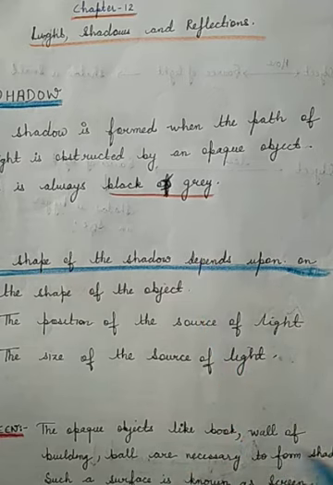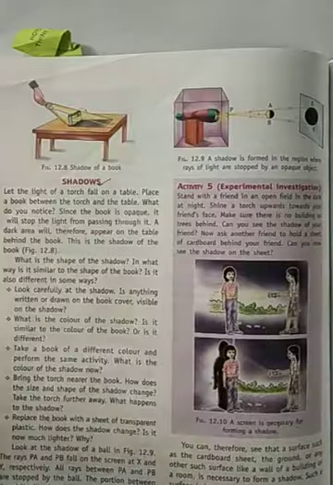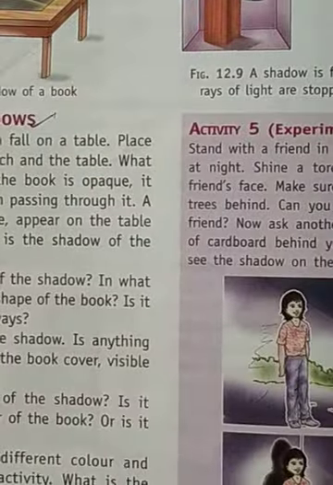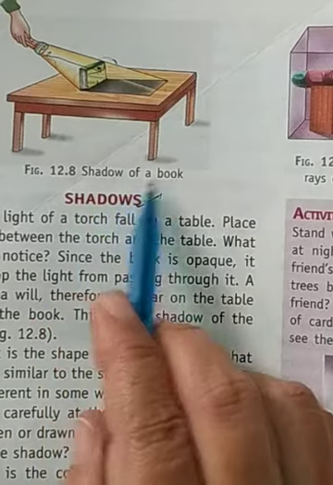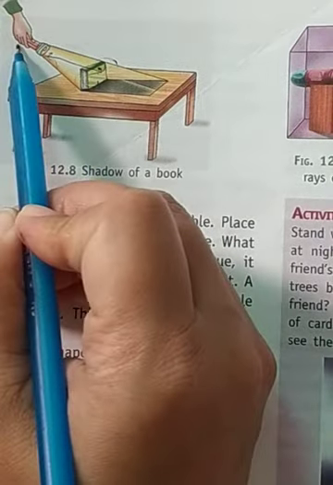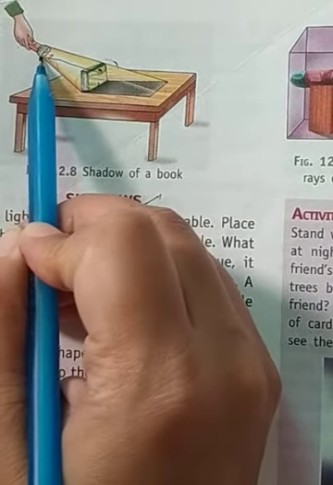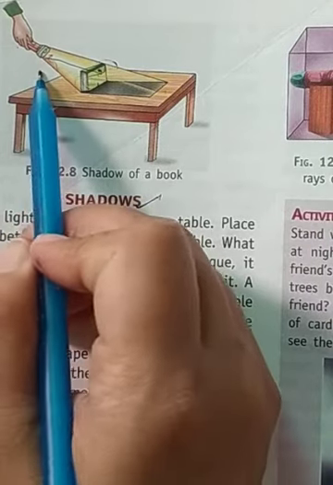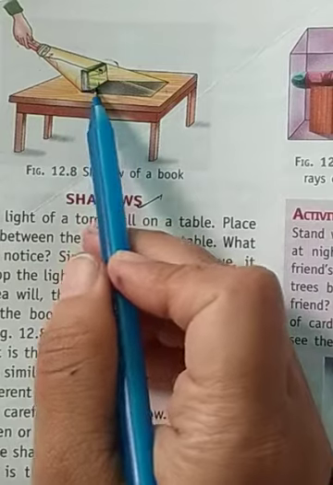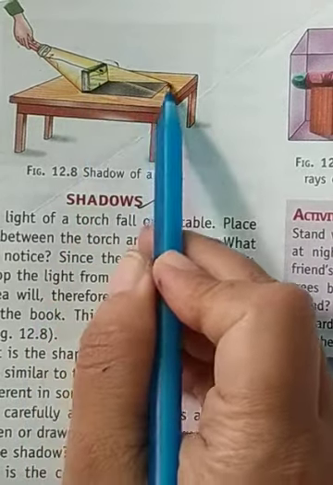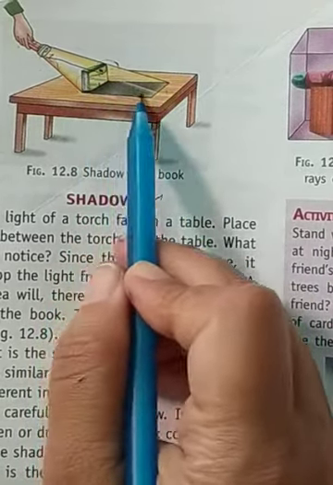So this is the definition of shadow, and this I will explain you with the help of this diagram which is given in your book. So see the diagram here. This is the diagram showing shadow of a book. See here, this is the hand and this hand is holding a torch. When you switch on the torch, then light falls on this book, and when light falls on this book, then the shadow of book is formed on the table.